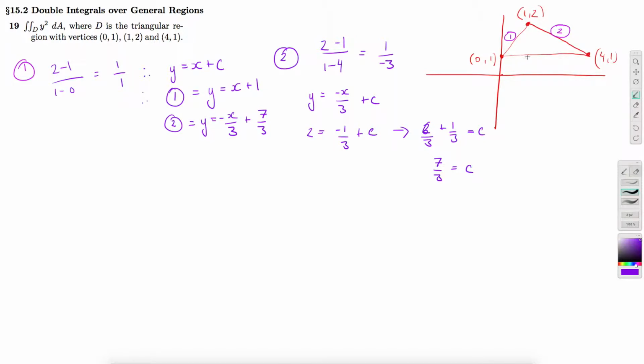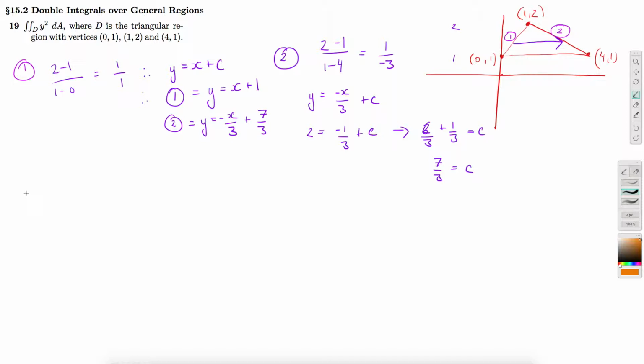I think it's easier to go y exists from 1 to 2, and then x exists from this line to this line. I think that's the way we should do it.